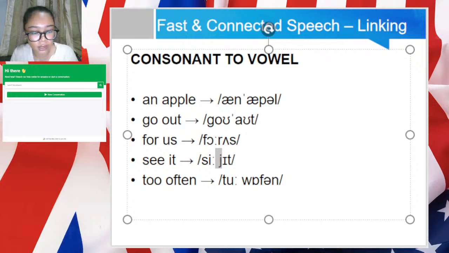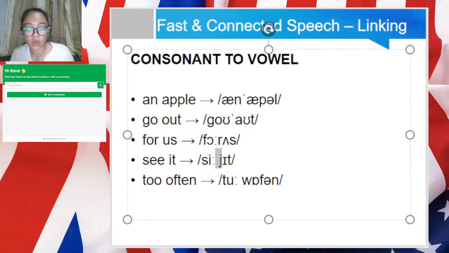It looks like J, but it's not pronounced as "je." It is pronounced as "ye," like the letter Y. So the letter J in phonetic transcription is the phonetic transcription of the sound "ye."